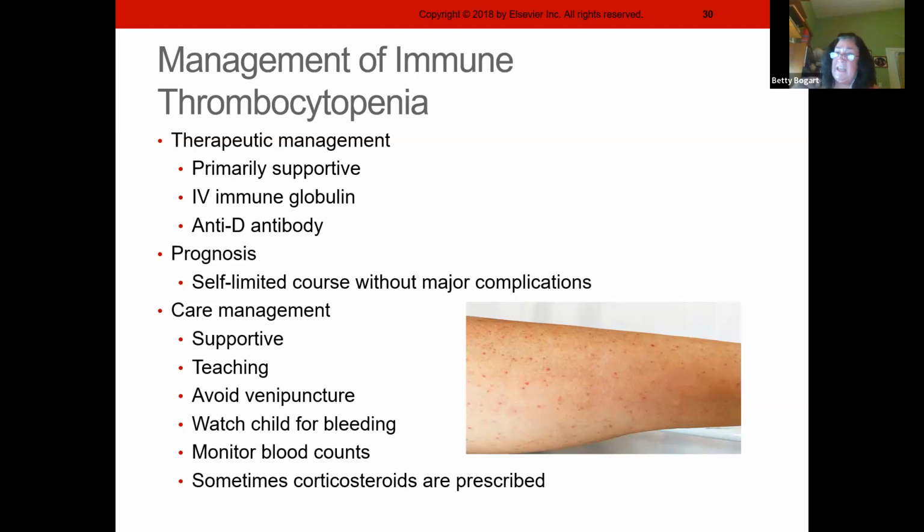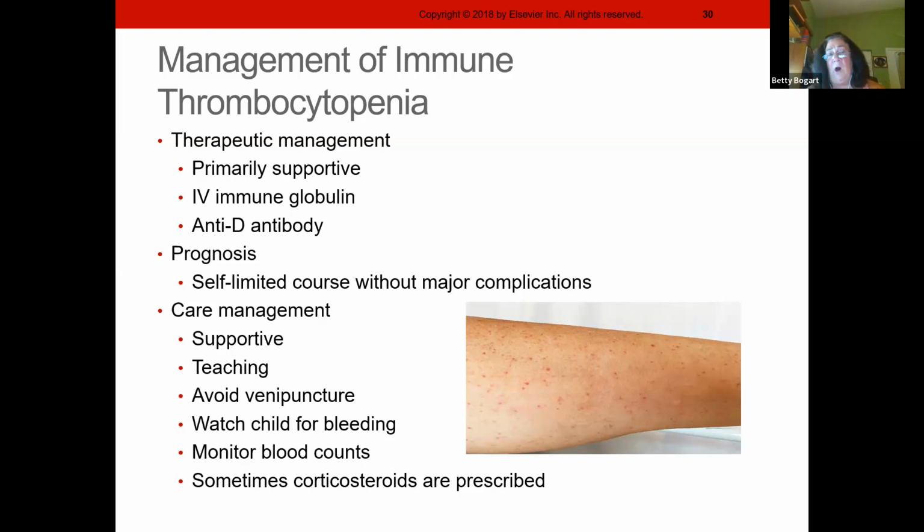Because once you stick them, they're going to continue to bleed. There's no platelets, all right? You're going to be watching gums, urine, stool, looking for any ecchymotic areas on this child everywhere. And most likely you'll be doing CBCs to see is the therapy working and seeing if those platelet counts are coming up. And then sometimes we'll put them on corticosteroids.